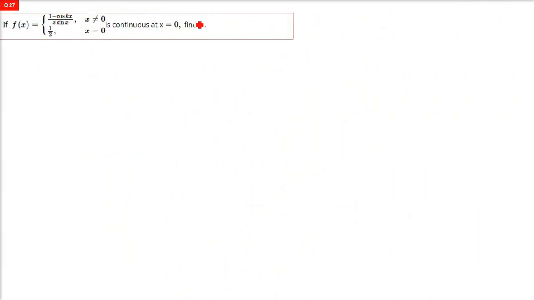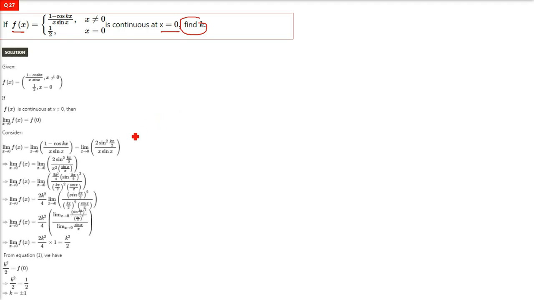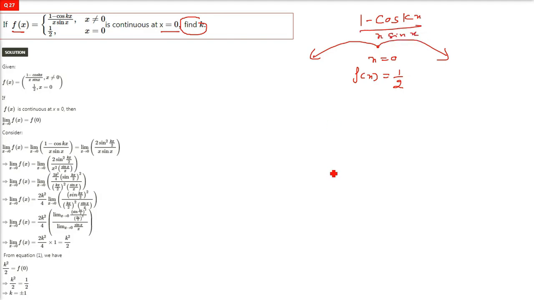Now here we have to find out the value of k if f(x) is continuous at x equals 0. So the same way we are going to do that. The point is x equals 0, and the value of the function f(x) at x equals 0 is given, which is half. When it is not 0, if you go left or right hand side, then you have to take 1 minus cos kx divided by x sin x. Okay.